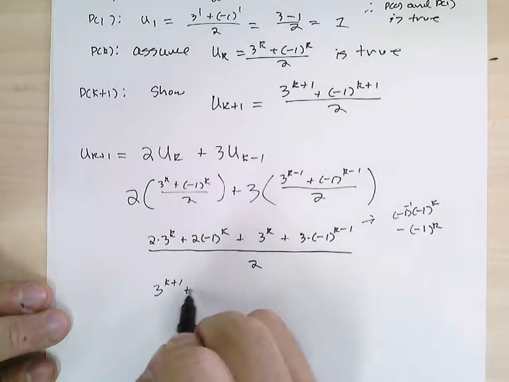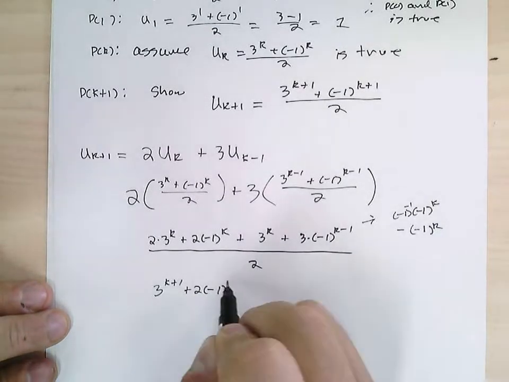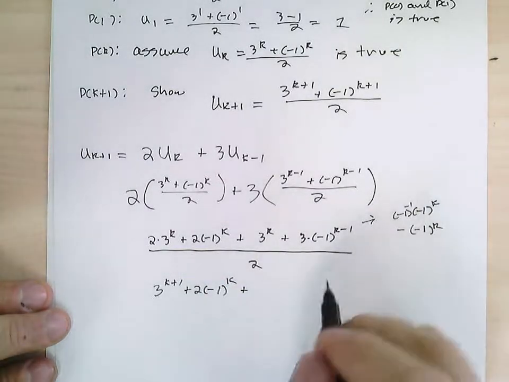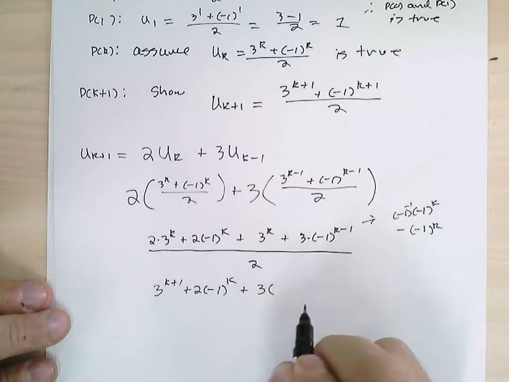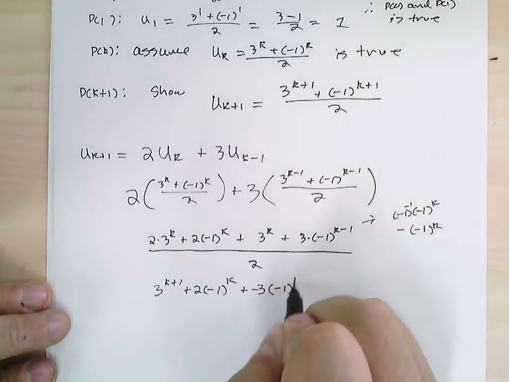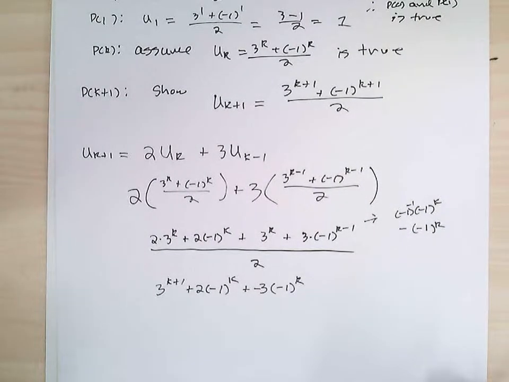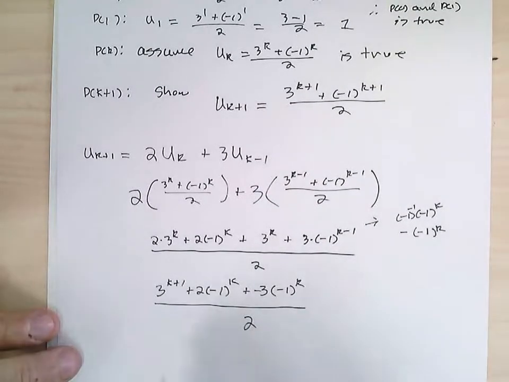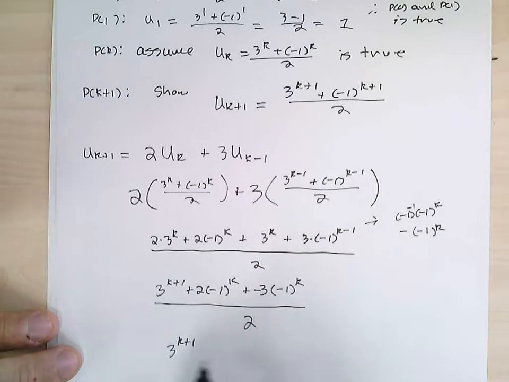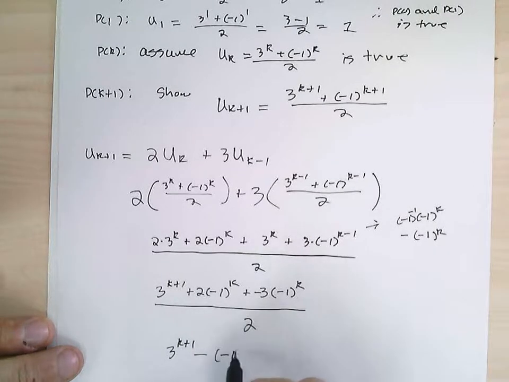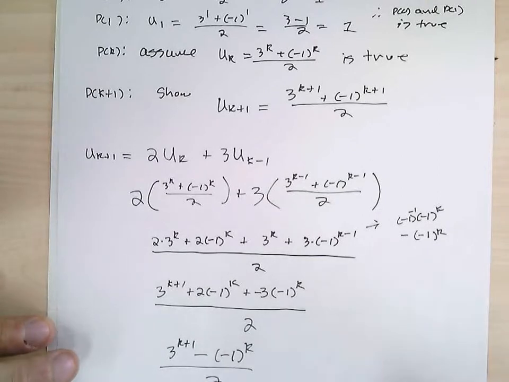So what am I going to end up with? 2 times (-1)^k plus, I added those together, and then I'm going to get 3 times, it's going to be a negative 3 actually, times (-1)^k, right? Good. And then all over 2. Good. So what do I end up with? 3^(k+1) minus (-1)^k all over 2, right?